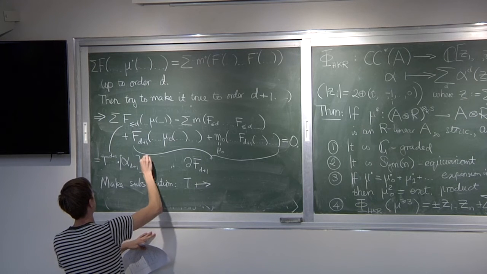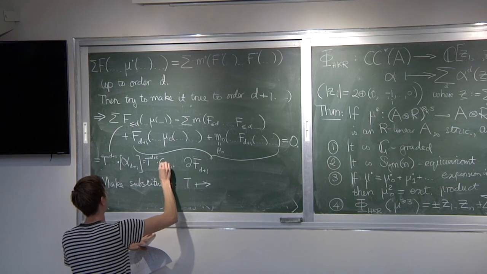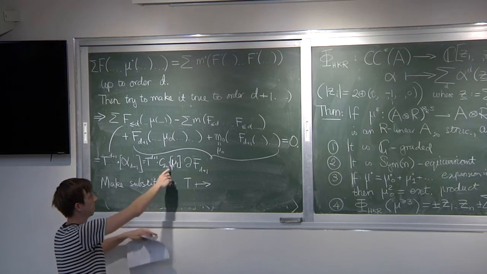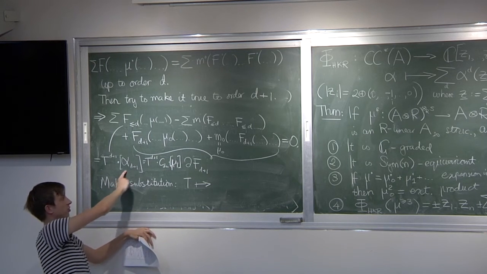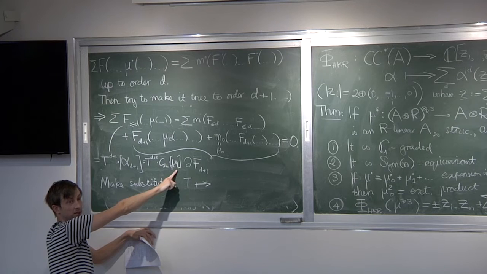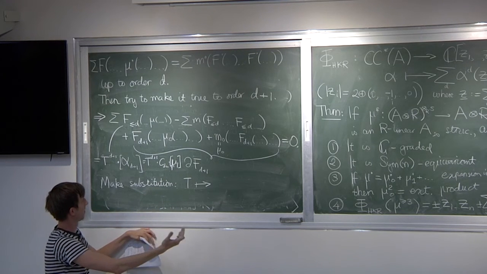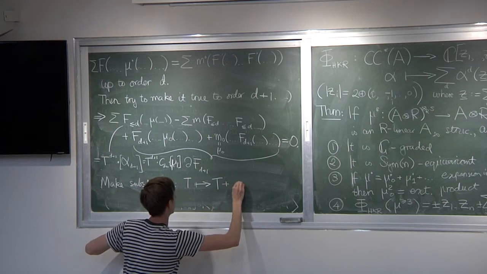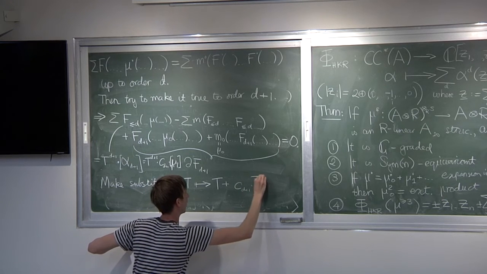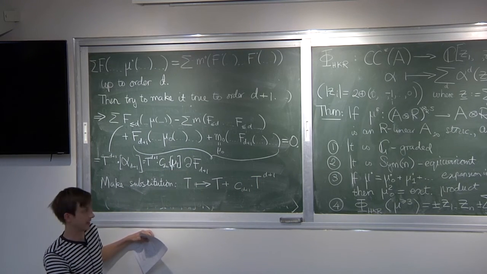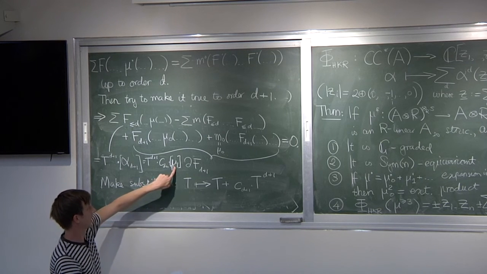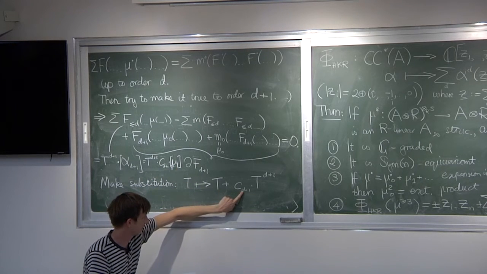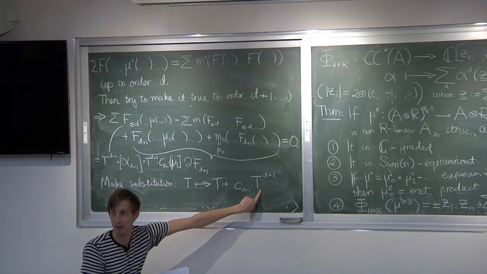But what you can now do, by hypothesis, this guy is generated by the first order deformation class of our guy. That was our hypothesis. So now what we're going to do is make a substitution that looks like this. The effect of that is going to be replacing mu1 times t by mu1 times t plus mu1 times this, whatever constant we choose, times t to the d plus 1.